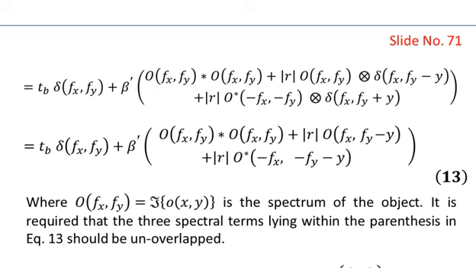O, when convolved with the delta function, will have the arguments of the capital O replaced by the arguments of the delta function. Similarly, in the last step in equation number 13, we have replaced fx and fy in the object O, and in the complex conjugate of the object O, by the arguments of the delta function.